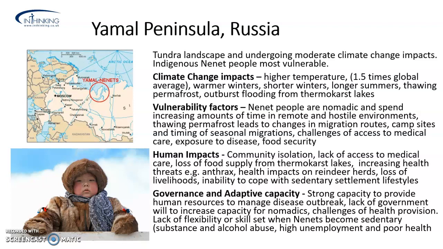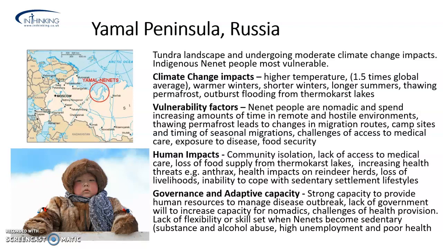There's lots of seasonal migration that's taking place, and that brings about all sorts of challenges around access to food, access to medical care, their exposure to diseases, and of course, essentially, food security. So you get community isolation here with the Nenets people, a lack of access to medical care, loss of food supplies because the fish are removed from these outburst lakes.